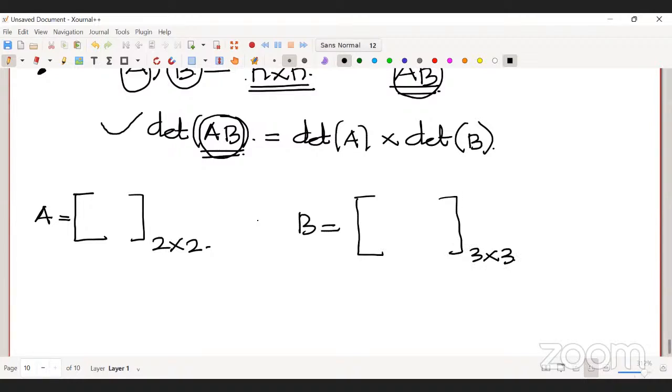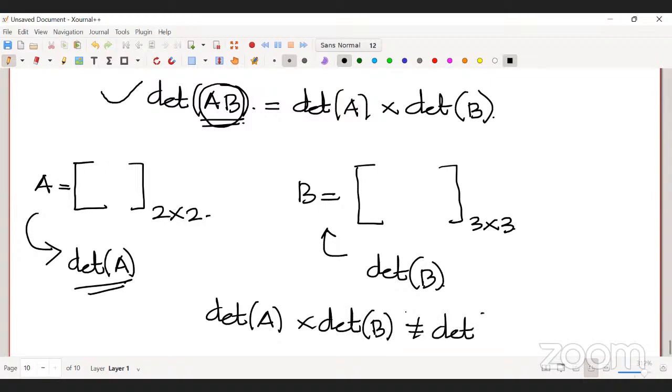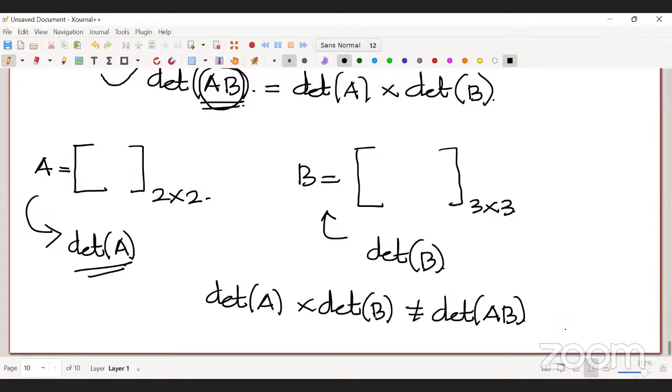So what I can do is compute the determinant of A. I have a method of doing that, and similarly I can compute the determinant of B. So what he is saying is that in this case the determinant of A times the determinant of B is not equal to the determinant of AB. See, the problem is that here A times B has no meaning.